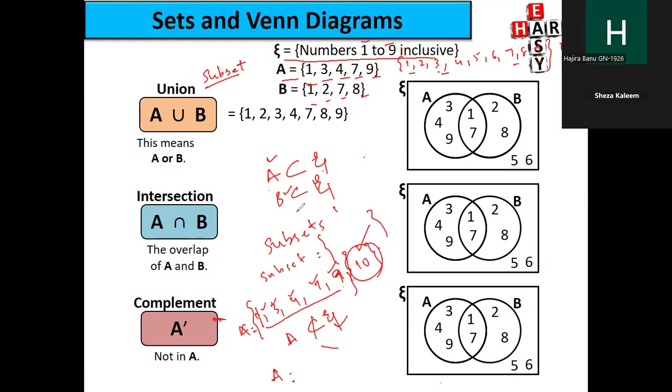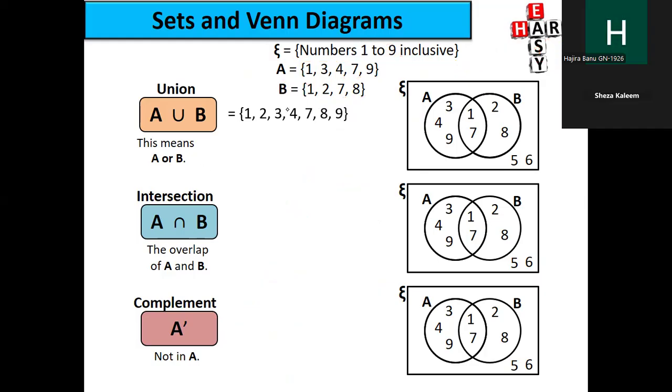Now I was telling you one thing. A is a subset of epsilon. B is a subset of epsilon. Now, what is epsilon then? Epsilon is called a superset. What is a superset? The universal set. Why are we calling epsilon a superset? It contains all the numbers that are to be included in the set.